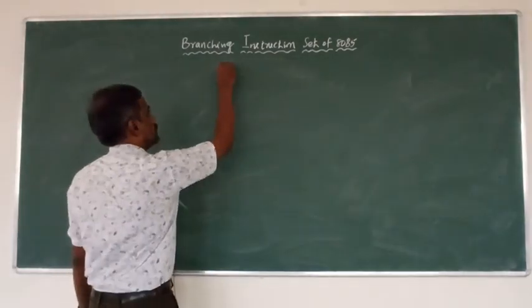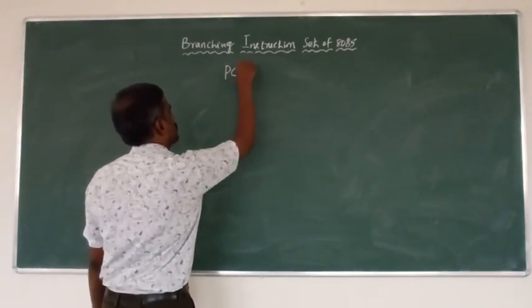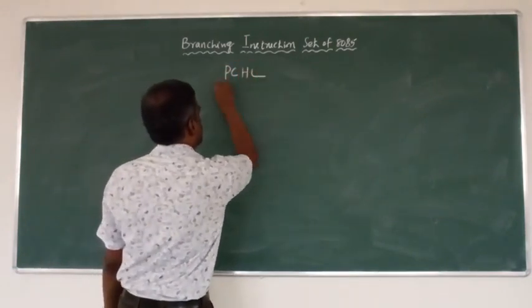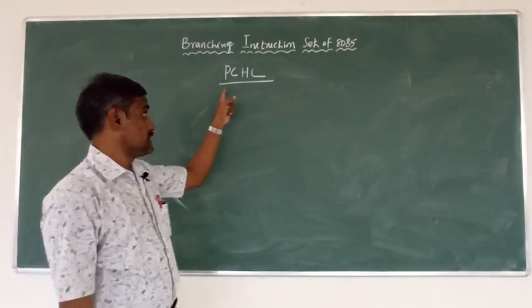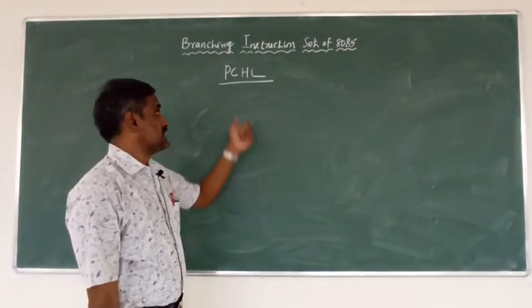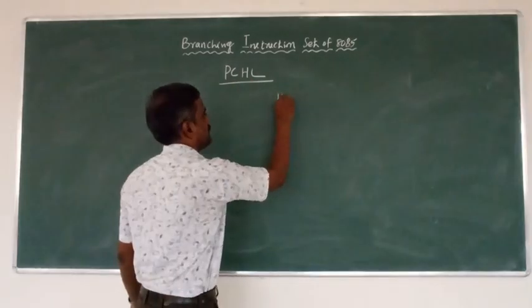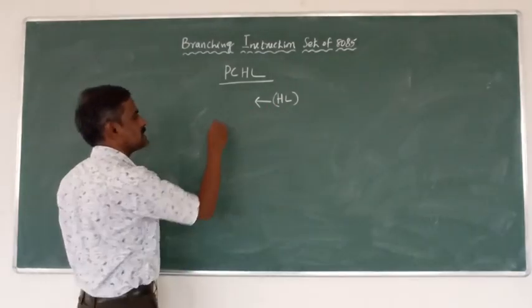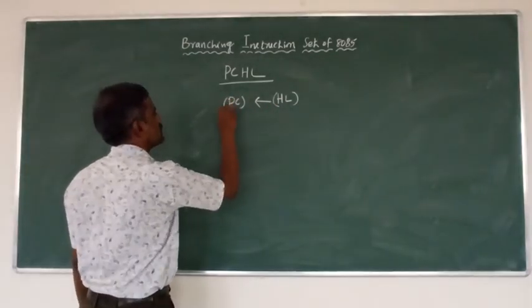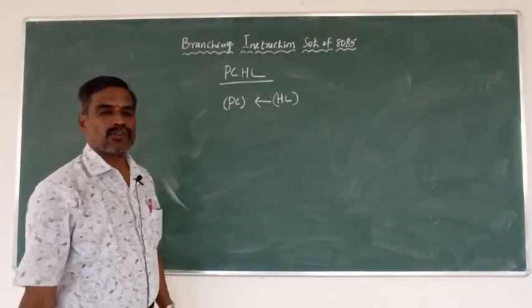Last instruction of the branching instruction set, PCHL. Here PCHL means the content of the given HL register pair, the address in the HL register pair, is moved into the program counter.